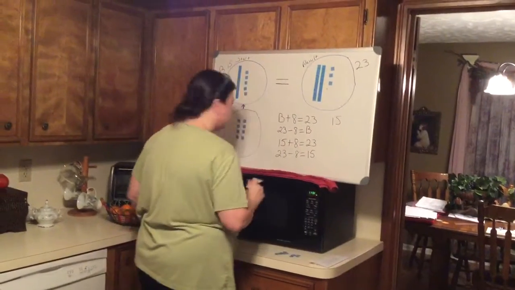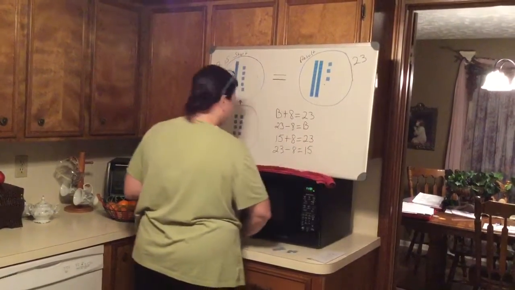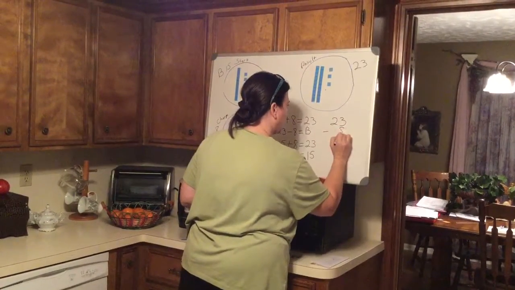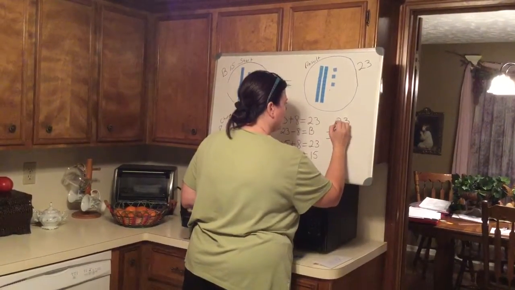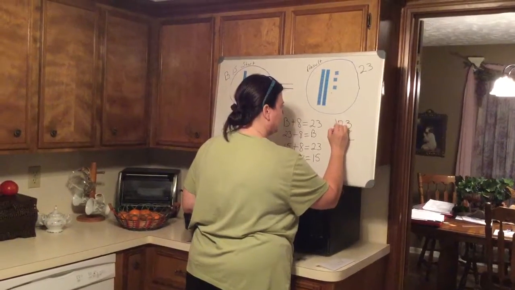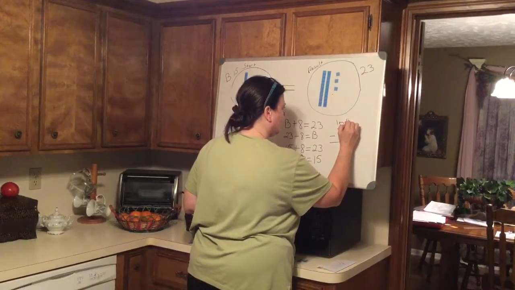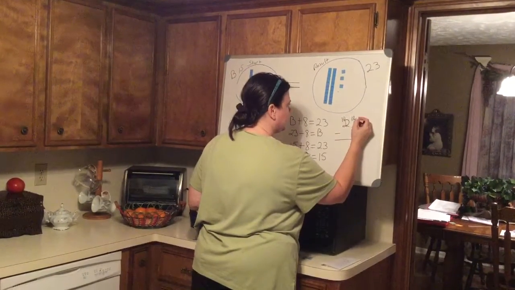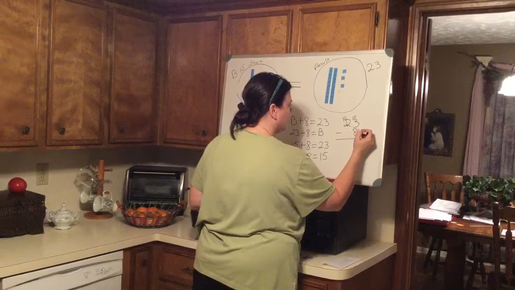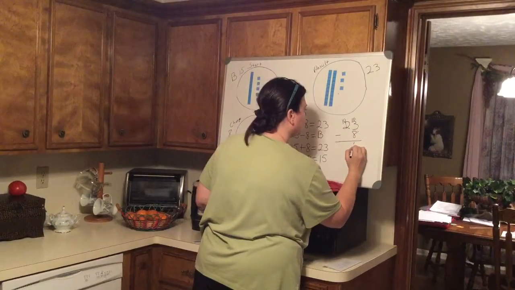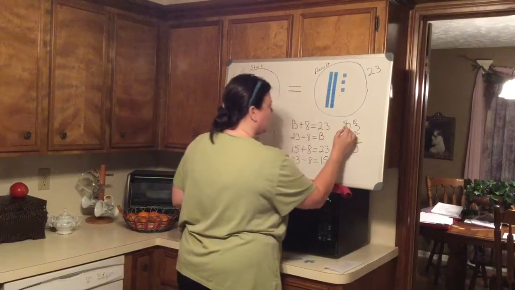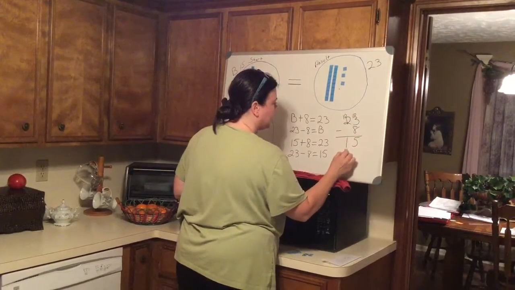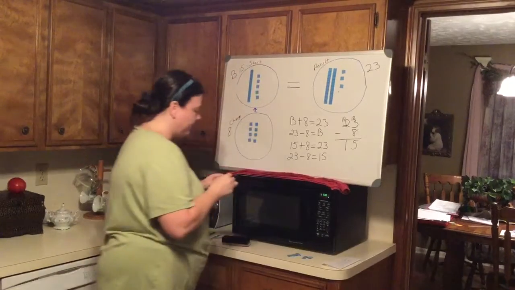I'm sorry, I want to show this differently. I want to say 23 minus 8. So I'm going to regroup my tens. And I'm going to say 13 minus 8 is 5. And here I have 10 left, so I bring it down, and my answer is 15.